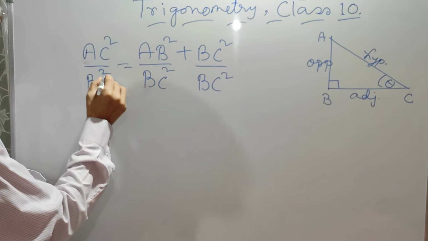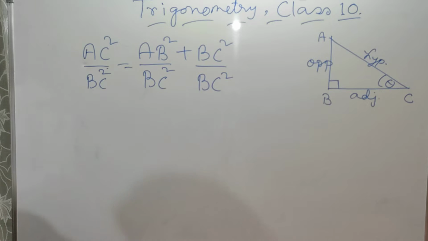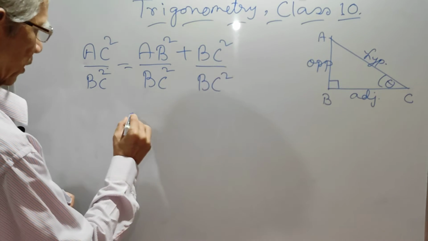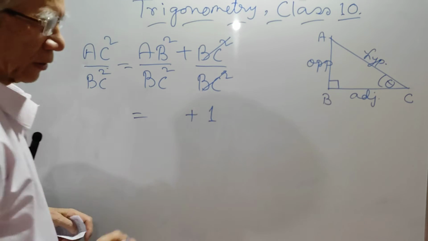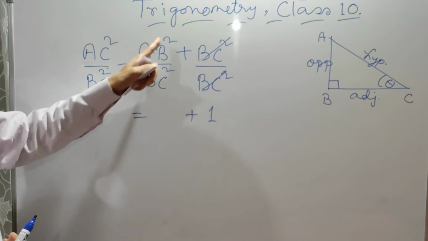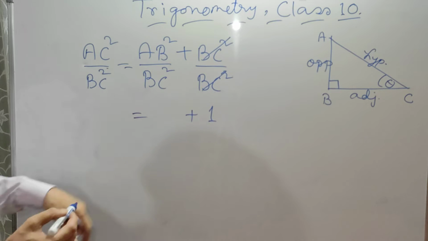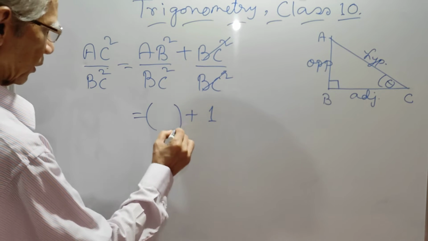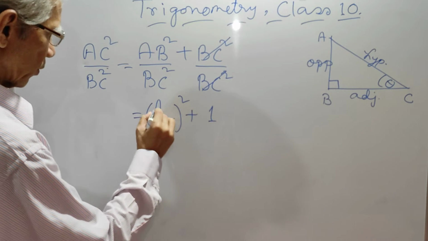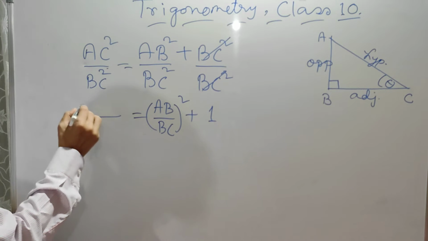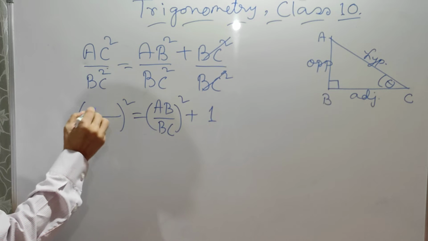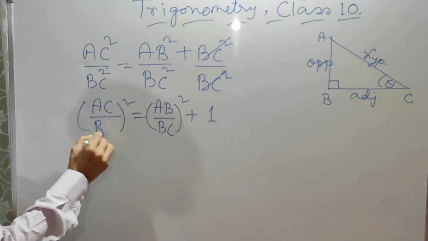Then see what we get. Now BC square by BC square will cancel, it will be 1. All right. Now AB square by BC square, that means AB by BC whole square. And this side is AC by BC whole square.